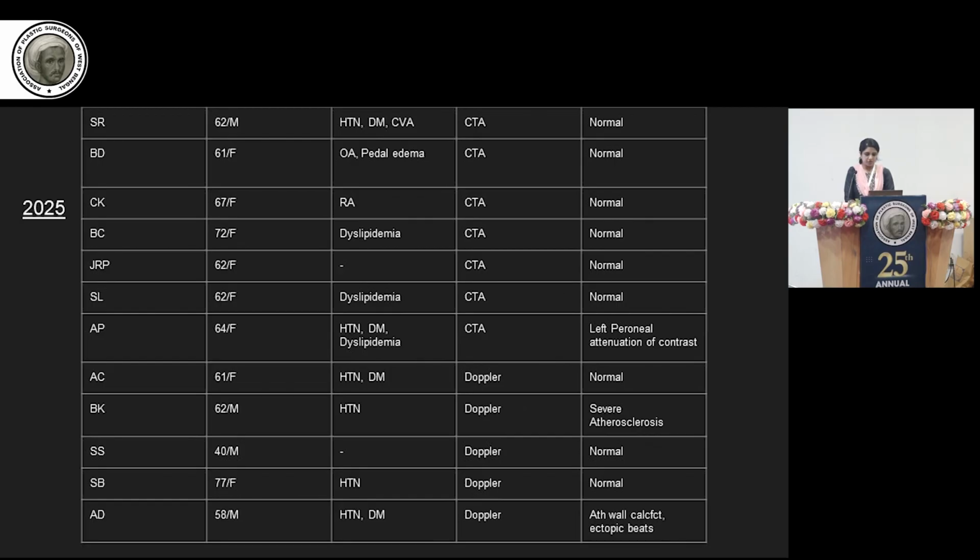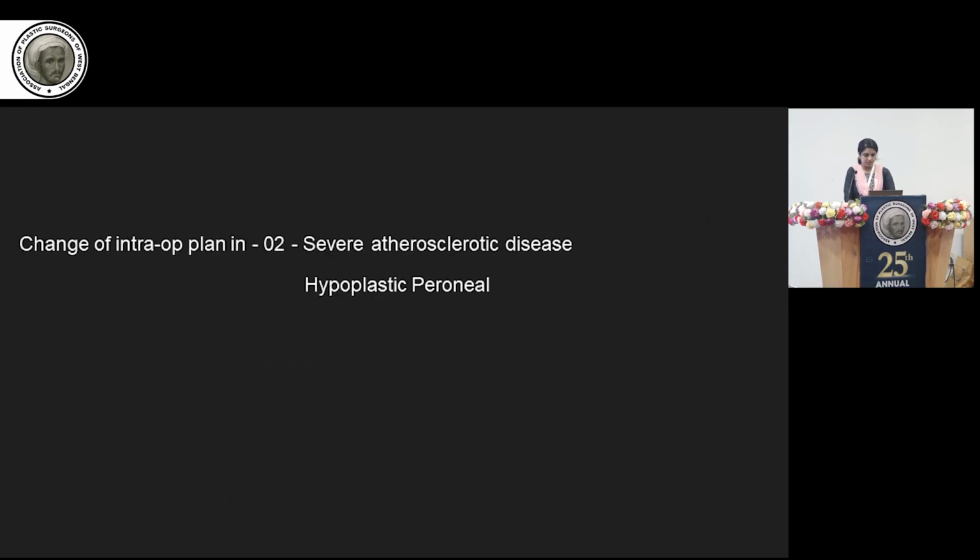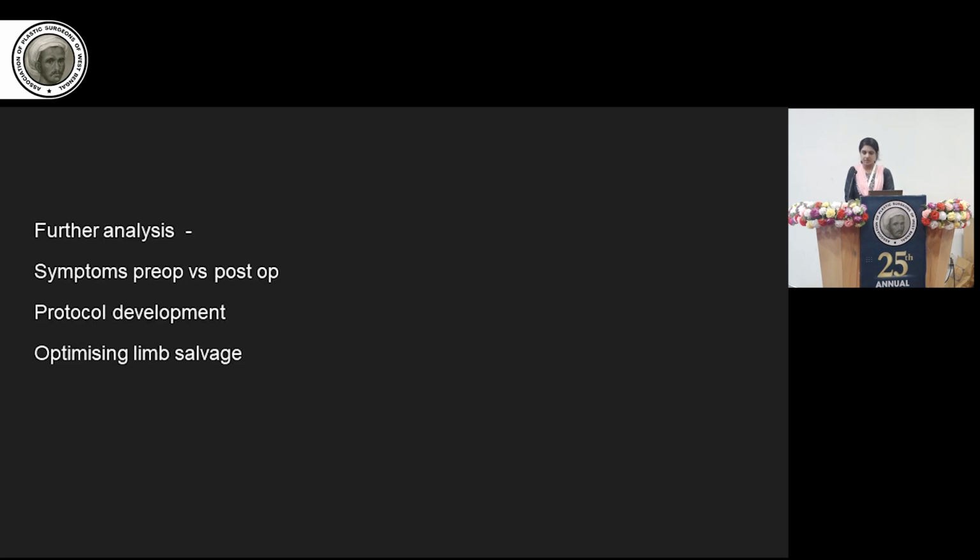So in our institute, at least this year, 13 patients have undergone preoperative radiological evaluation of their lower limbs. This is the data chart of the 13 patients who were evaluated, and as you can see, several of them have had knee replacements, osteoarthritis, hypertension, and in fact, severe atherosclerotic disease has also been found, leading to a change of plan, change of flap plan, and successful limb salvage outcome.